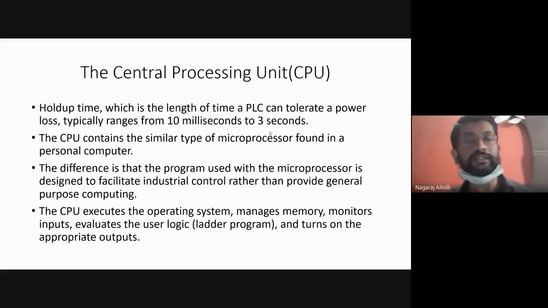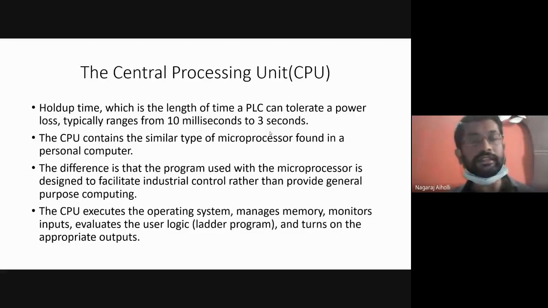Or when you are touching the CPU of your computer, after using it for some time, you feel certain heat. What is that? That is nothing but your power dissipation, heat dissipation. That is a heat loss or the power loss. Now, how much can the PLC tolerate a power loss? The time span for how much it can tolerate is called the hold up time. The time span here is 10 milliseconds to 3 seconds.